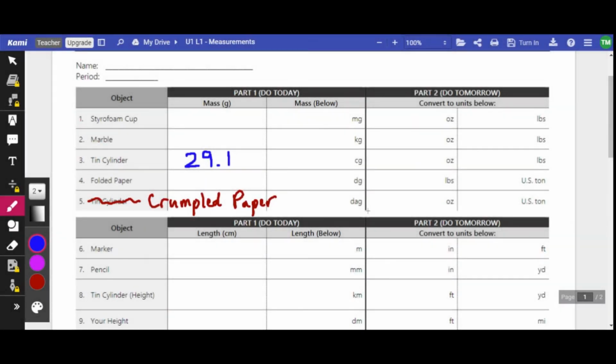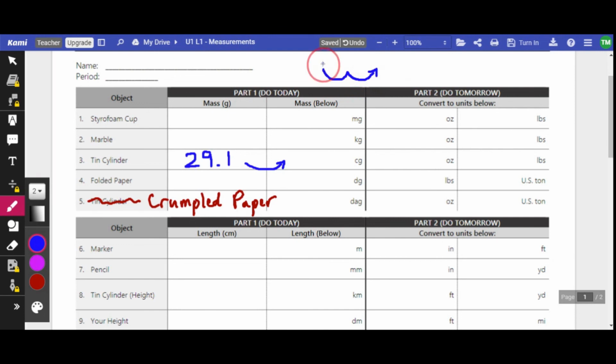So I can do some simple metric conversions with the data I get over here, like my grams and my centimeters. So if I take my 29.1 grams and I want to change it into centigrams, I've got to move my decimal point around. If you look at the chart, grams is your base unit, and to go from base unit to centi, you're moving 2 spots to the right, past deci, and then you get over to centi.